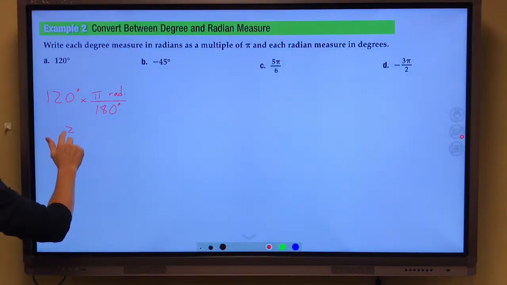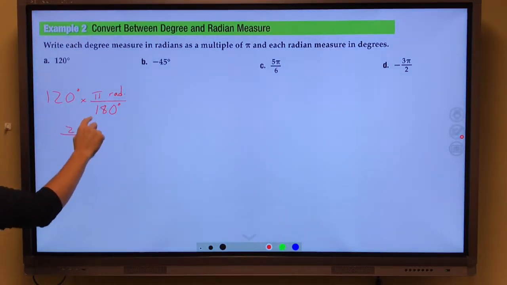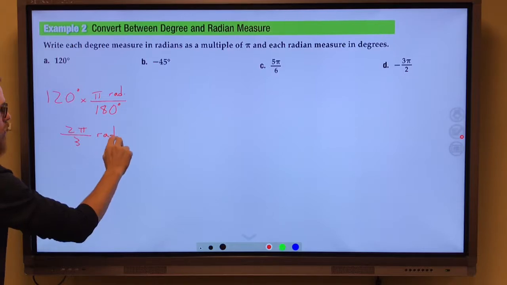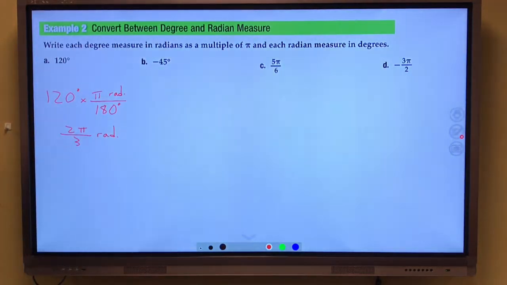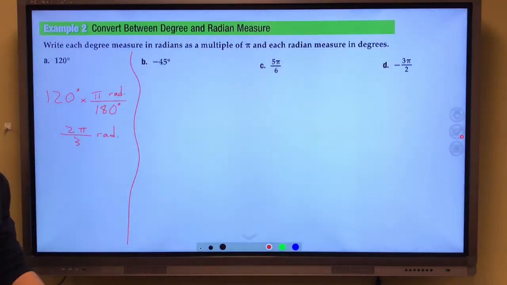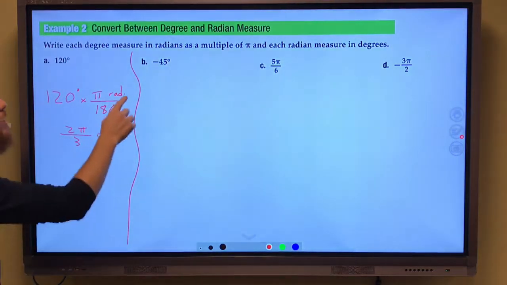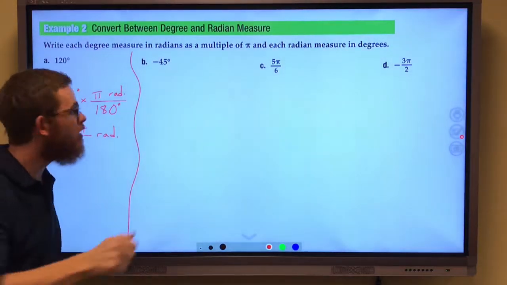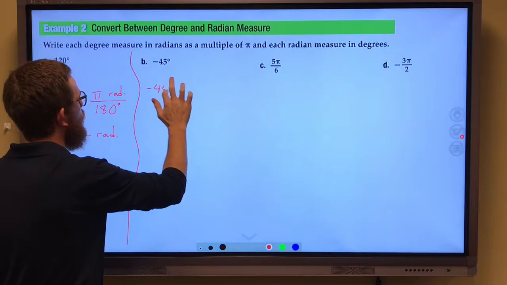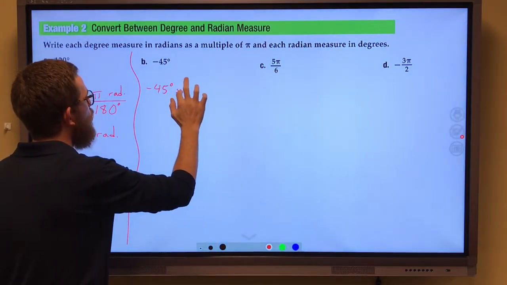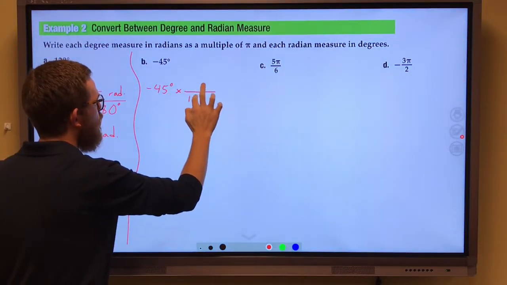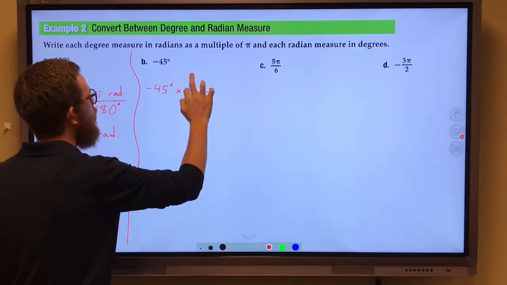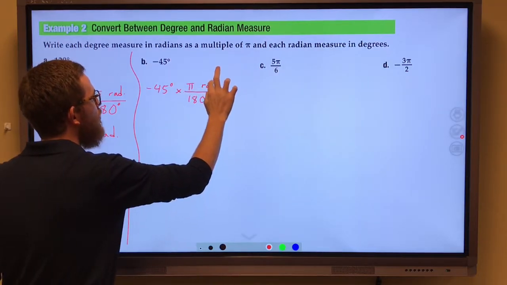120 over 180 reduces to give us 2/3. So we have 2/3 pi radians. We've just converted 120 degrees to radians. It was that simple. Negative 45 degrees, the negative does matter. Well, again, we want to multiply this with 180 degrees on the bottom, pi radians on the top.